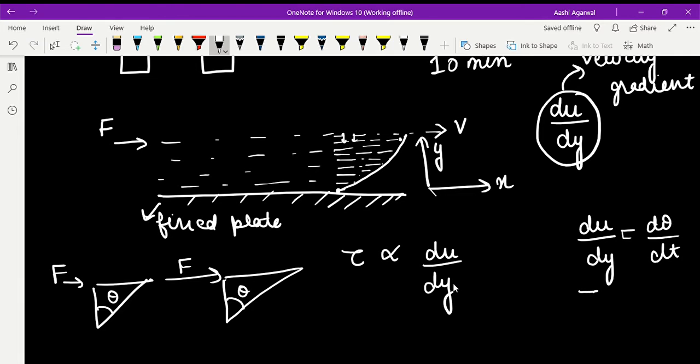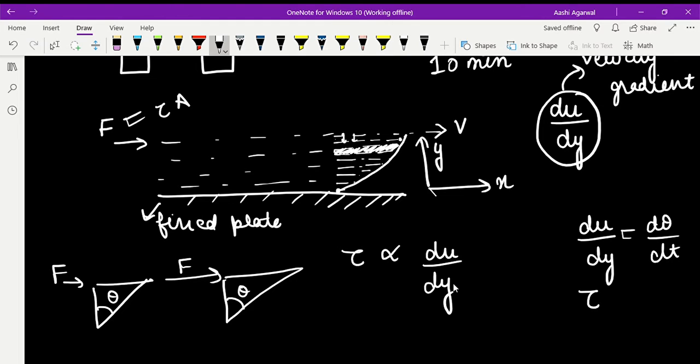So here I can say that this force is nothing but the shear stress times the area of contact of the fluid. I'm talking about the area between the layers of the fluid. So the shear stress and area of contact can be related to the force by this equation.